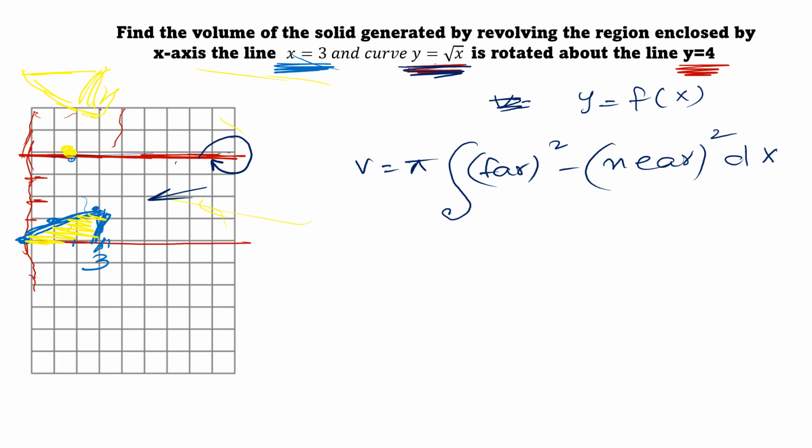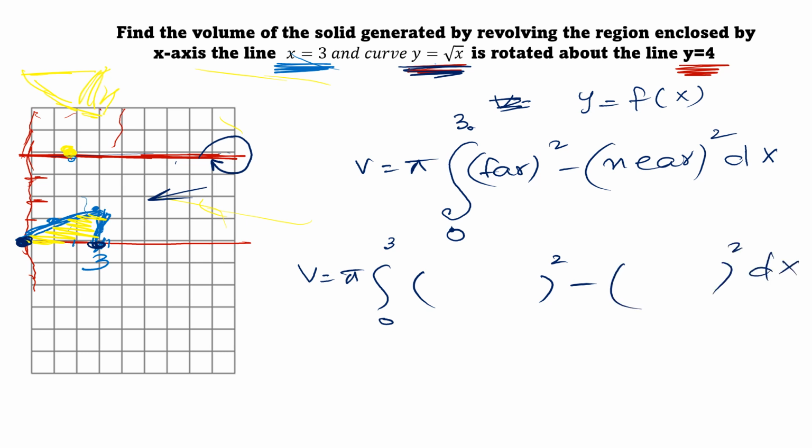Now dx means that you have to write the x values. X values are written from where? From 0 till 3. So we will write here V equals pi from 0 till 3. Now equation and this equation and here dx.